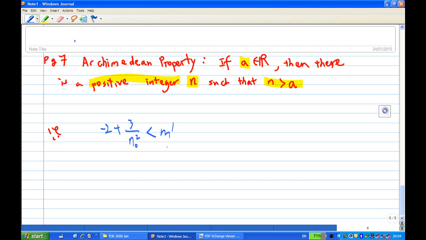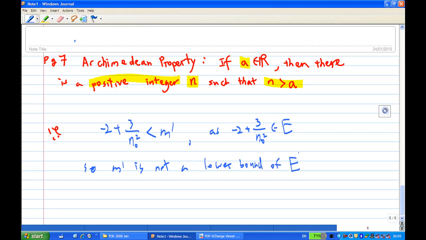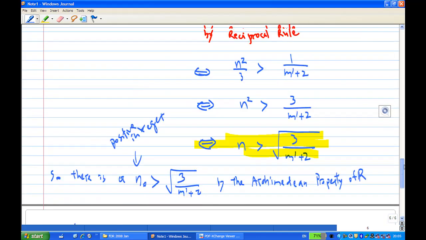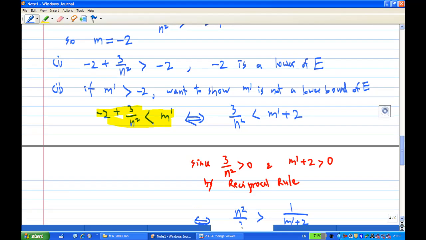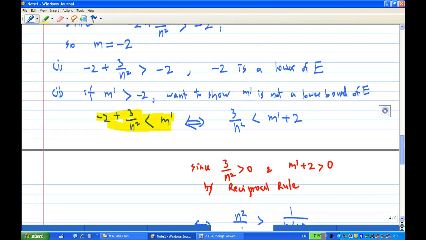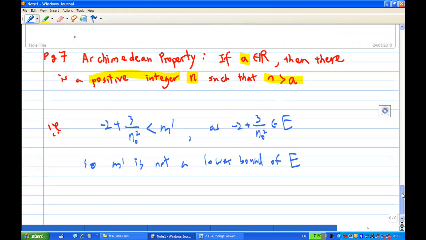But -2 plus 3 over n0 squared belongs to E. So m prime is not a lower bound of E. What is m prime? It is any number greater than -2. So as long as a number is greater than -2, it is not a lower bound of E.